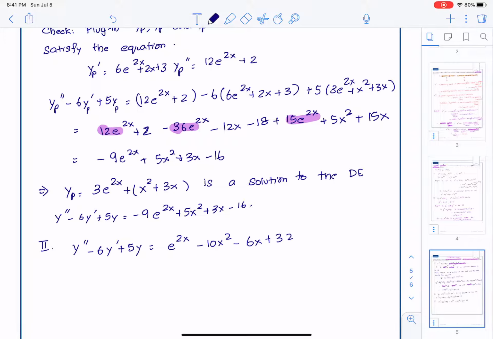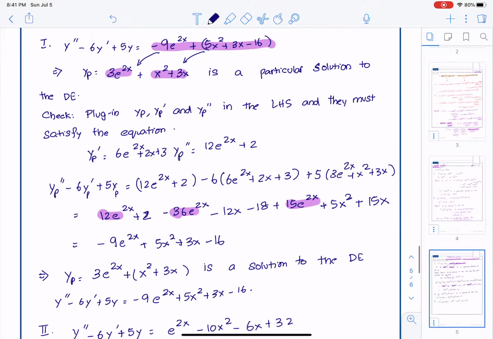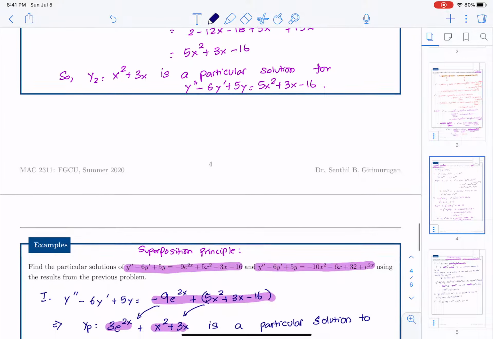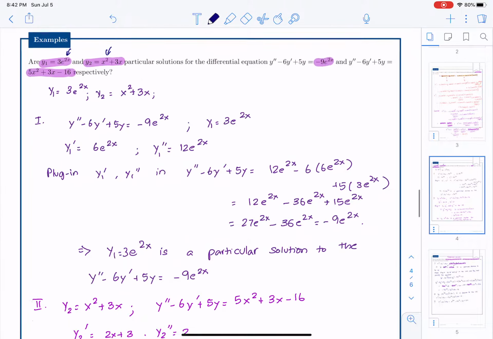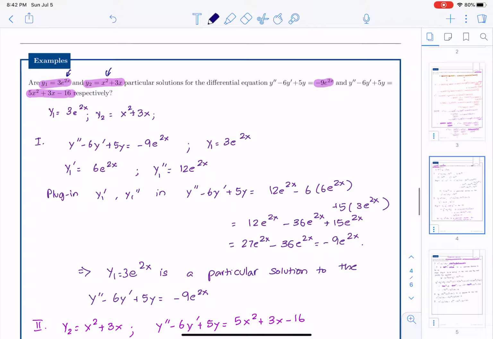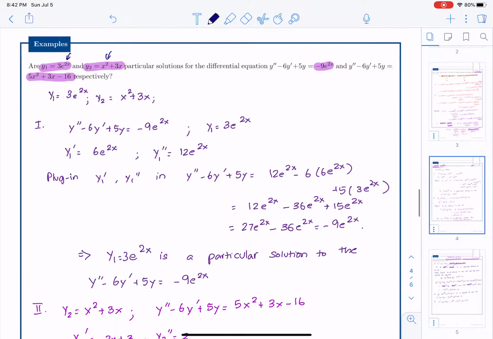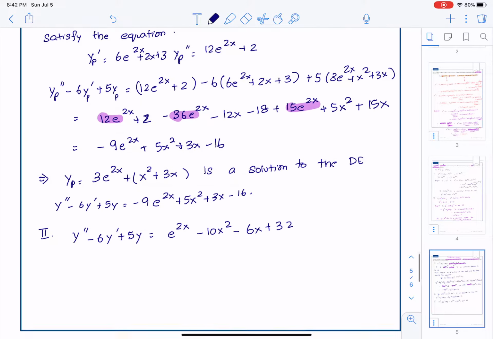And that is what we have. Now, what I'm going to do is rewrite this so that it matches up with the right-hand sides of the previous equations, which is negative 9 e raised to x and 5x squared plus 3x minus 16.